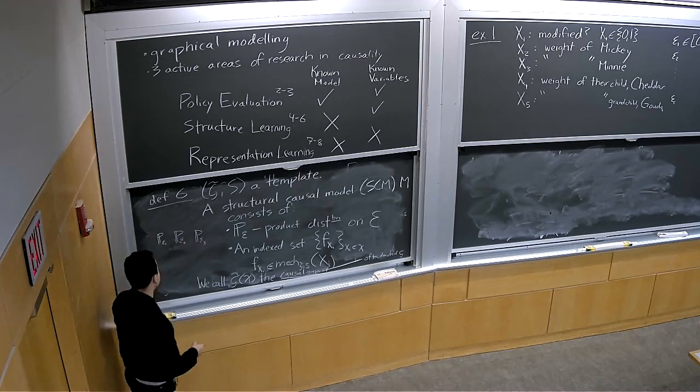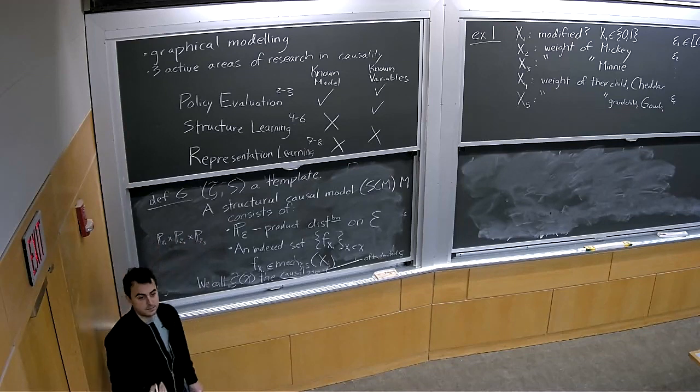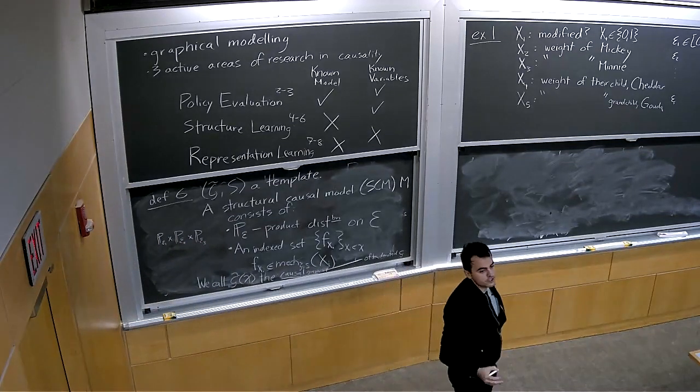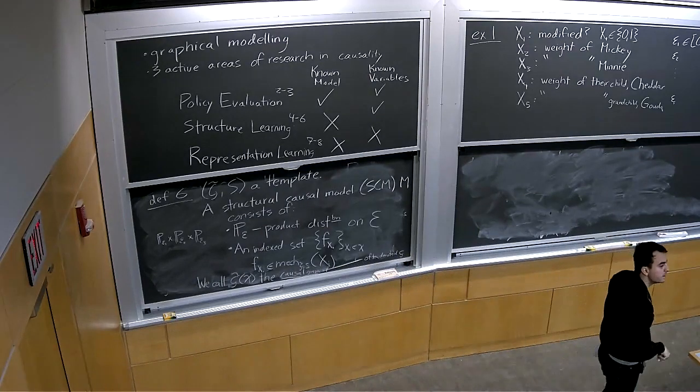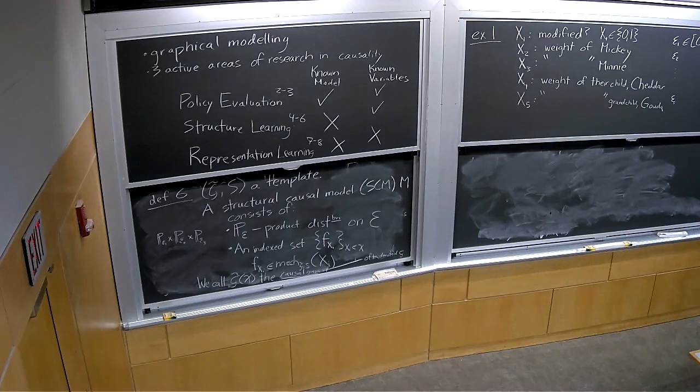And the product distribution is just the distribution I get by assuming each of those variables is independent. It's a joint distribution on the set, yeah. Okay.